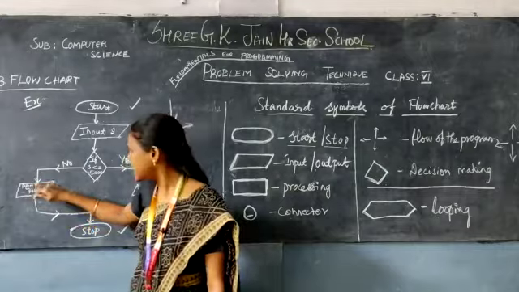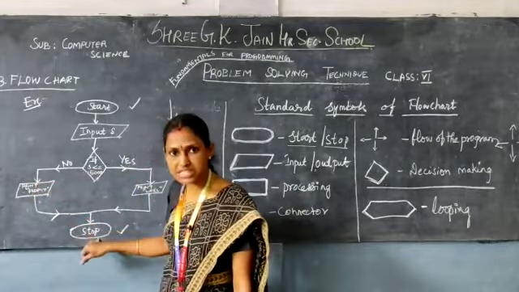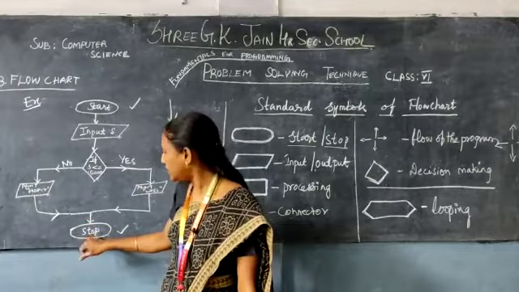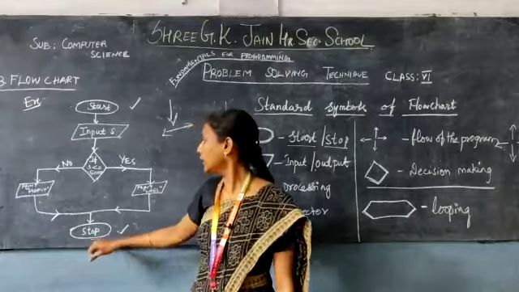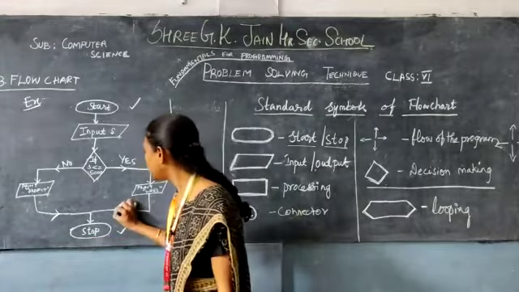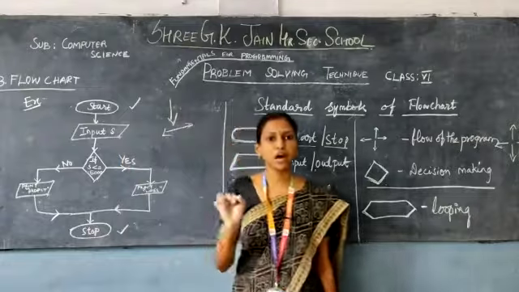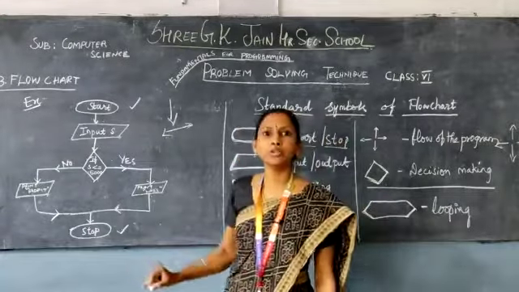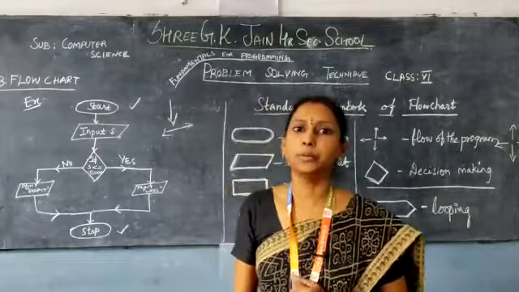After printing this statement, the program is going to get over. For that, we have given a stop here. These symbols should be given. This arrow mark, compulsorily we have to give it. Without the arrow mark, we cannot know the flow of our program.